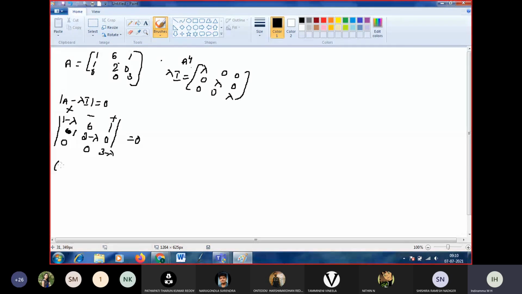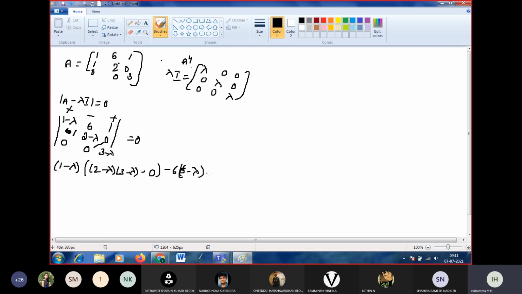So that is 1 minus lambda into, deleting the first row, first column, what we obtain is 2 minus lambda into 3 minus lambda, minus 0 into 0 is 0, minus 6 into, deleting the second column and the first row, so 1 into 3 minus lambda is 3 minus lambda.